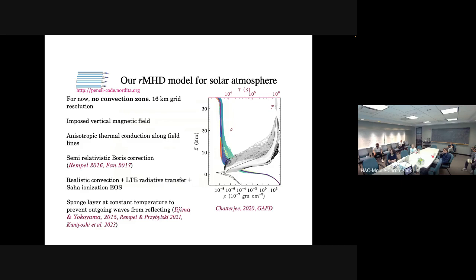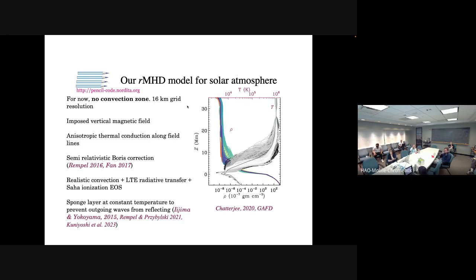So now, before we go into the solar spicule simulations, let me just give a brief introduction to our radiative MHD model. We basically solve the MHD equations using the Pencil Code. And for this set of experiments, there is no convection zone. There is a very thin layer, but there is no convection that is excited there in the photosphere.